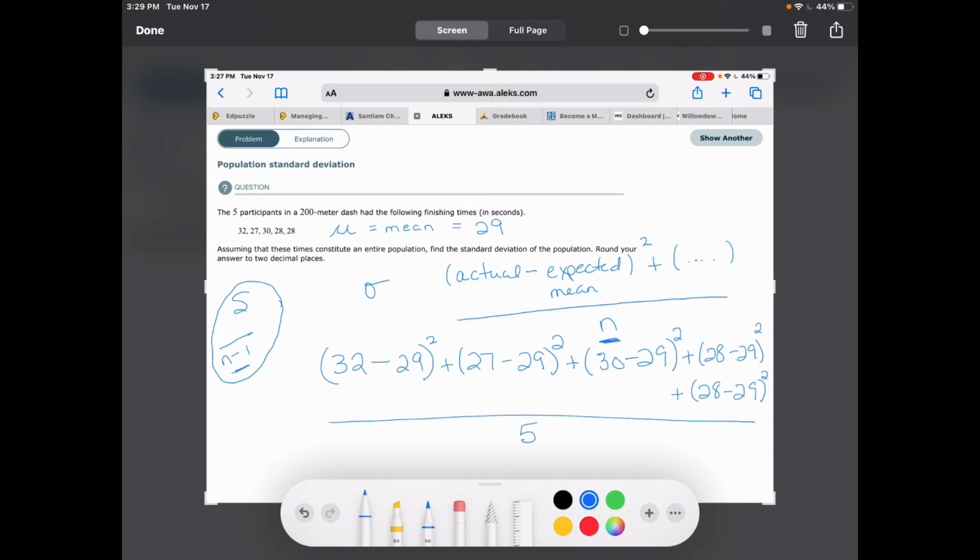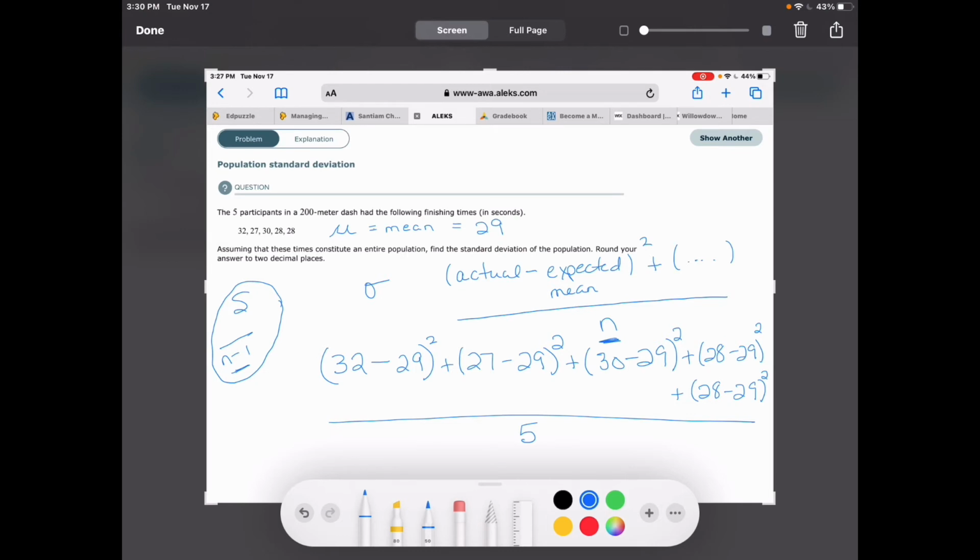So I'm just putting this in my calculator. I'm literally going to put the entire thing in parentheses, 32 minus 29 squared plus 27 minus 29 squared plus 30 minus 29 squared plus 28 minus 29 squared plus 28 minus 29 squared.